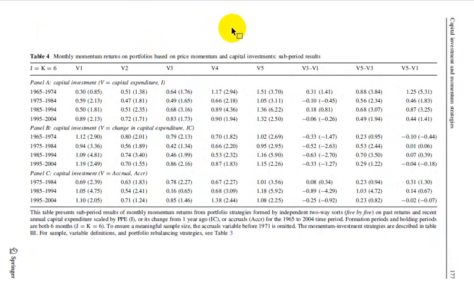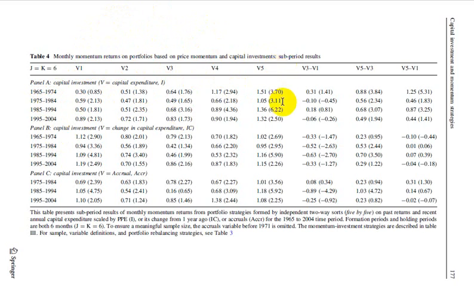And so next, as a robustness check, the authors are looking at the returns of the zero cost portfolio from the prior table, but for different sub periods. So we have 65, 74, 75, 84, and so on, for the different measures of capital expenditure and at the different levels from V1 to V5.